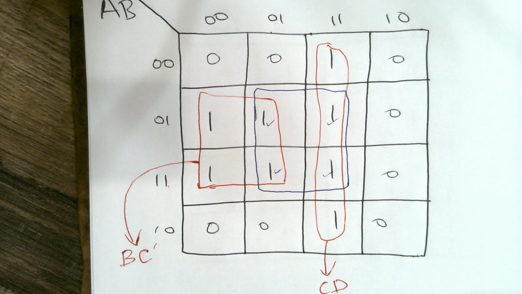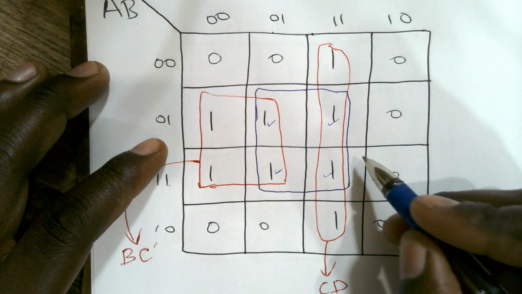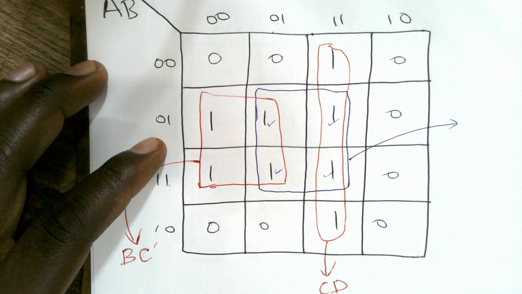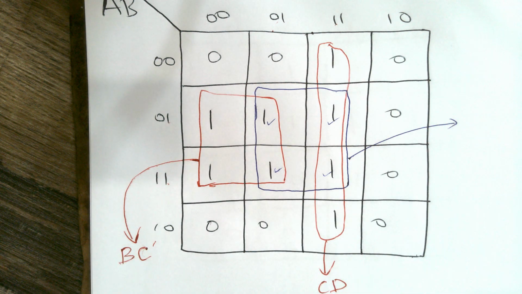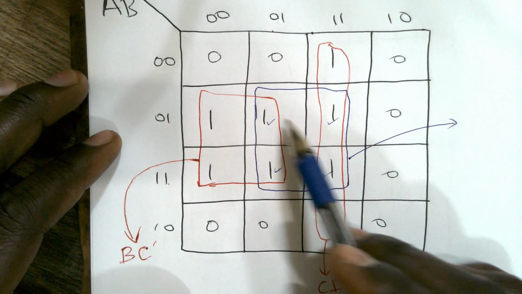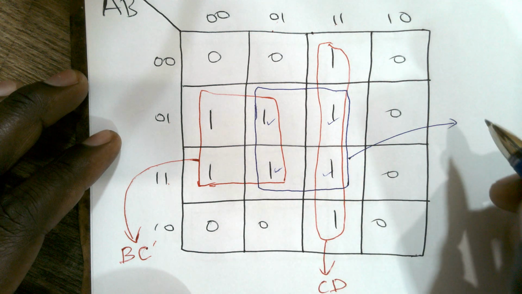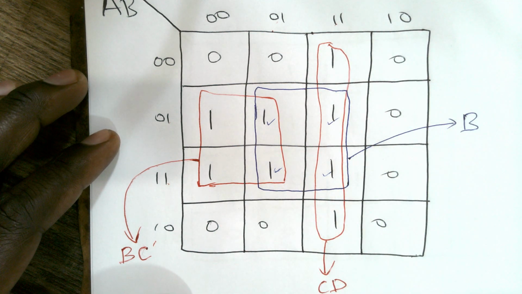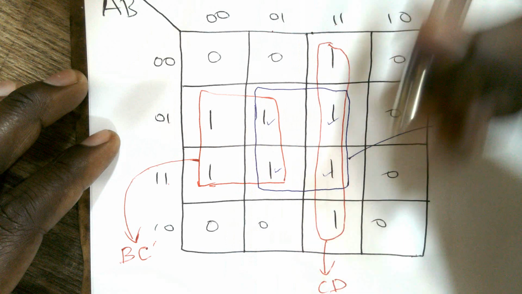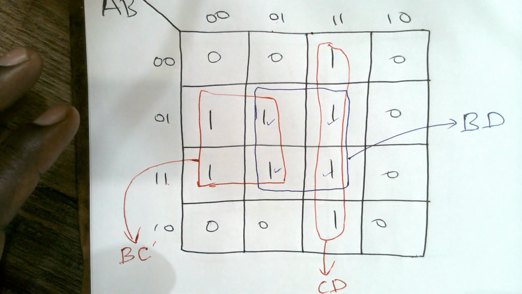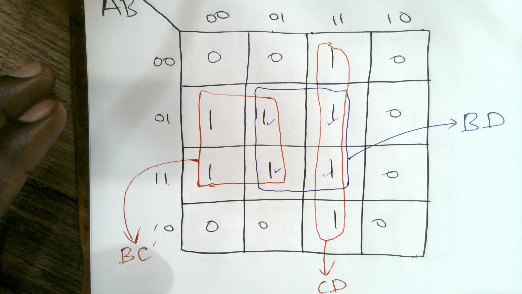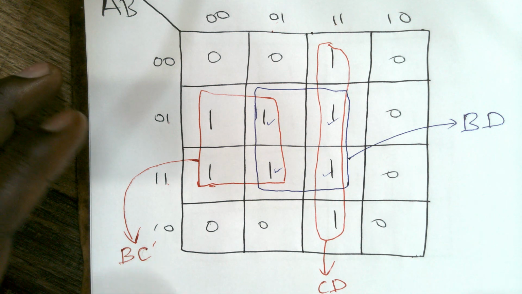And what we have to do next is find the expression for that square or circle. Looking in the horizontal direction, what is common to all these ones is B. Looking downwards, what is common to all these ones is D. So the expression for that square is BD.